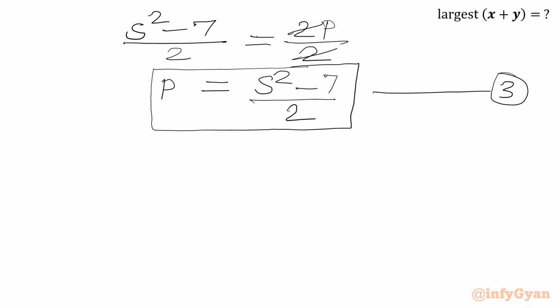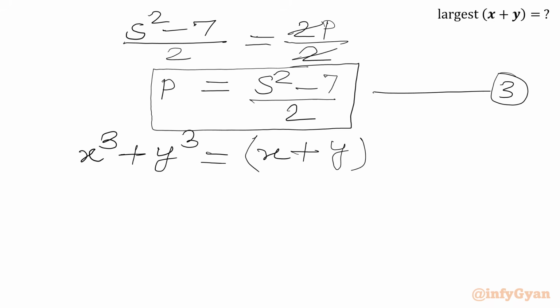Now we will use another algebraic formula: x cube plus y cube equal to x plus y in one bracket times x square plus y square minus xy.